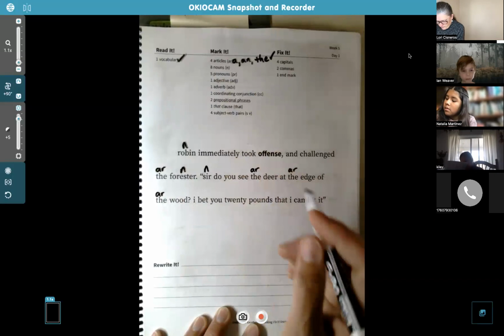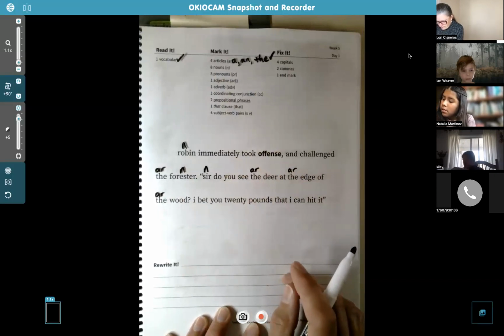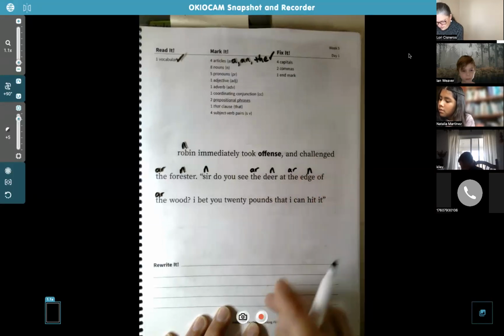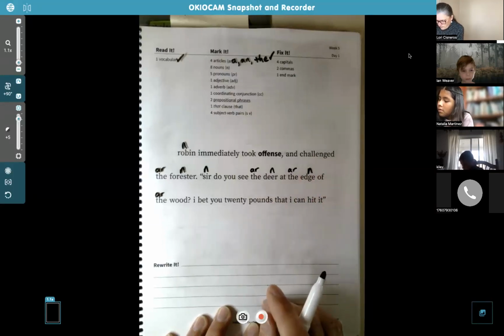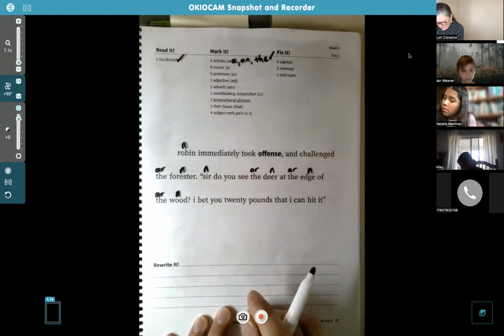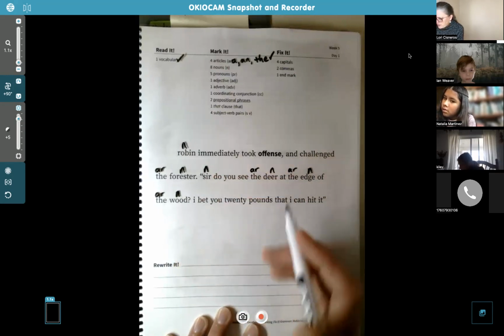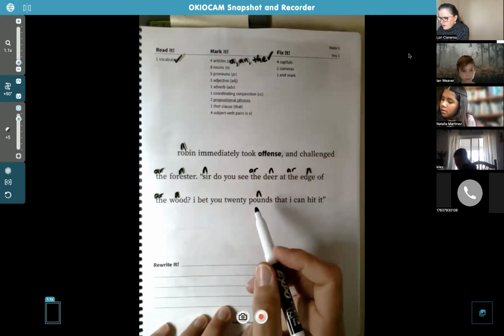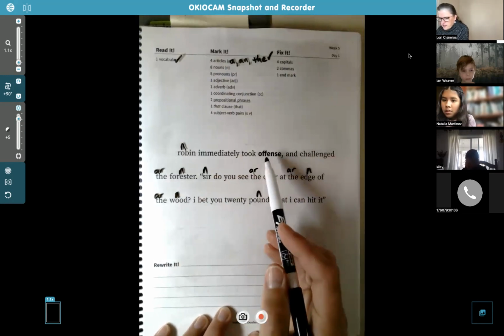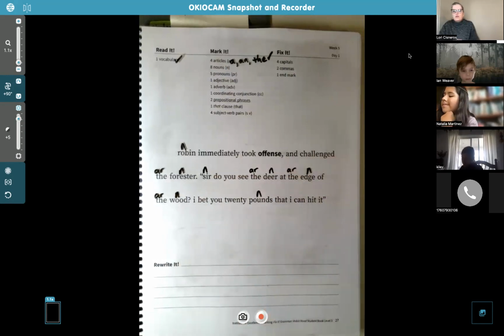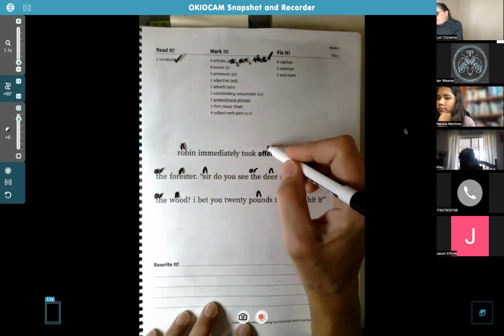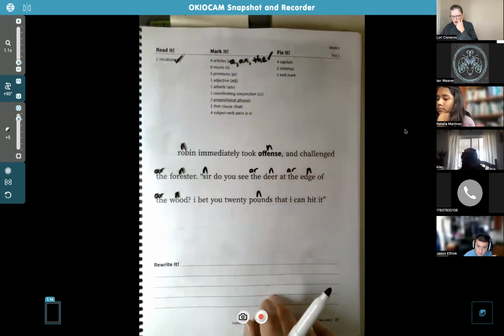Good. Deer. Good. Edge. Yes. Good. Wood. Good. Hounds. Good. And that's 7. So the 8th one is a little tricky to find, but it's offense. Because it says took offense, that means offense is a noun. So go ahead and put an N above that.